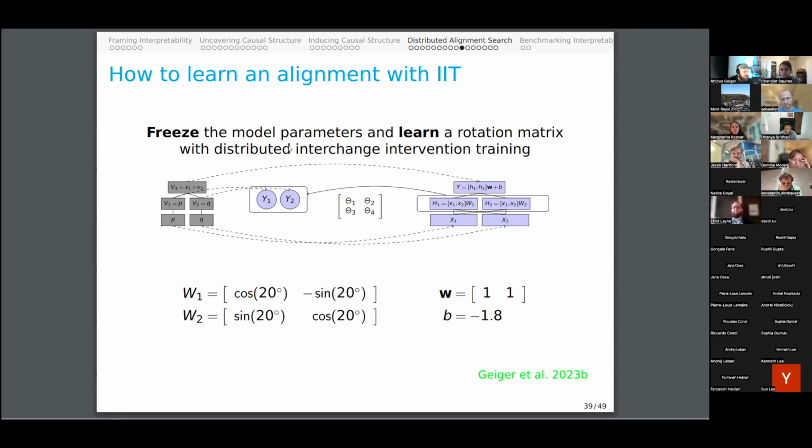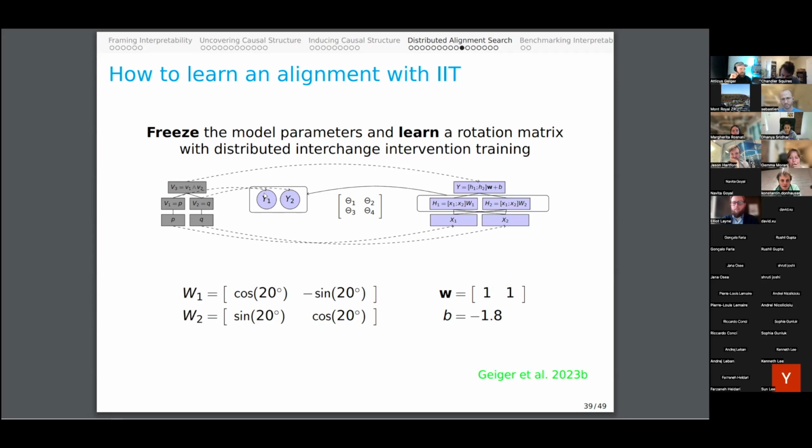So you can say, I don't know where V1 lives, but I'm just going to say it lives in Y1.